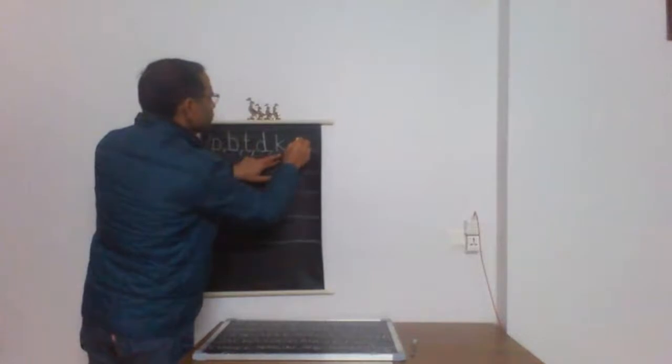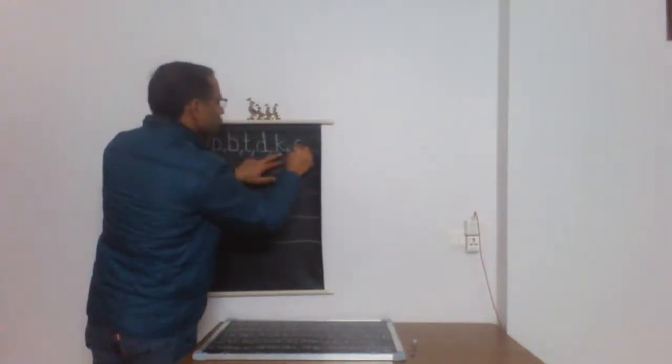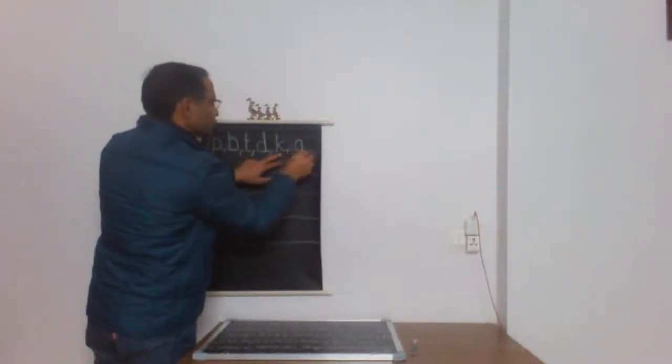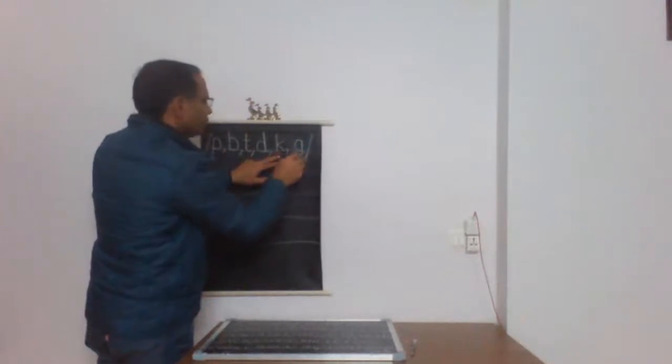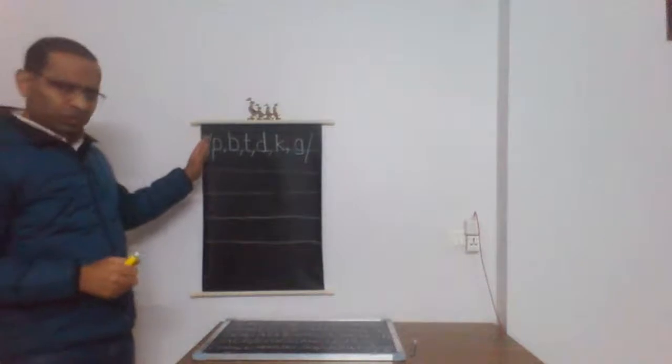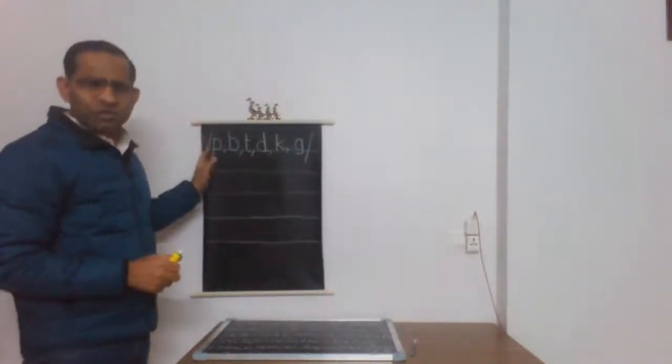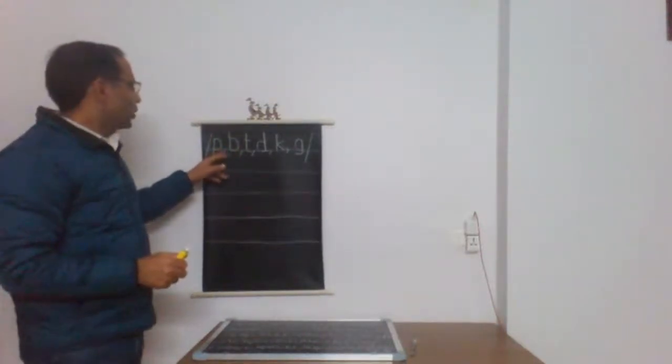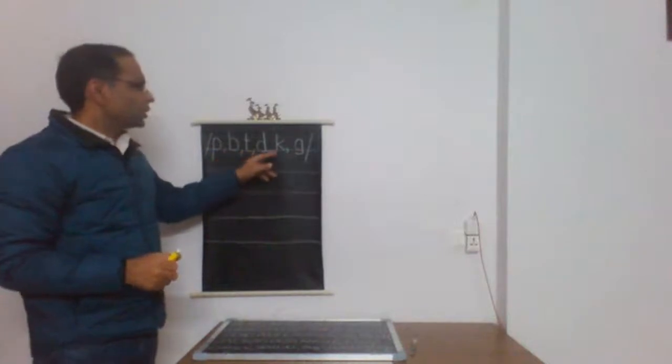Then ga. We put the enclosure here to complete the first line. So the consonant sounds we have in the first line here are pa, ba, ta, da, ka, ga.